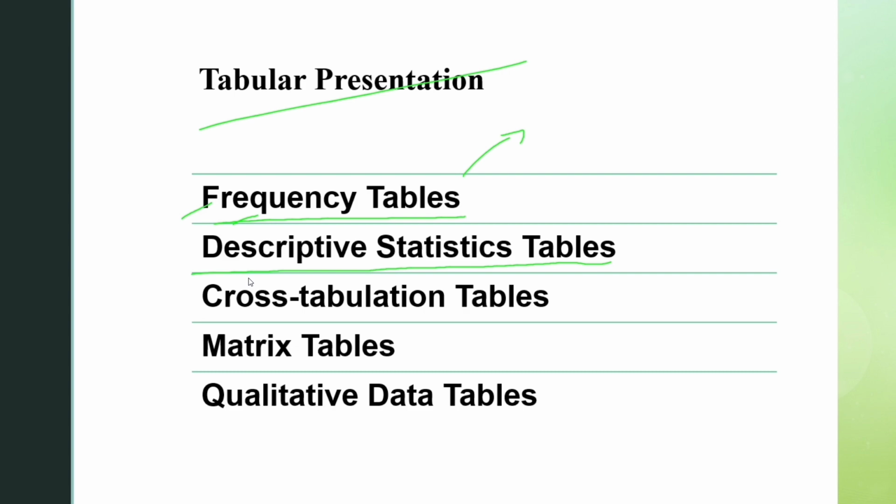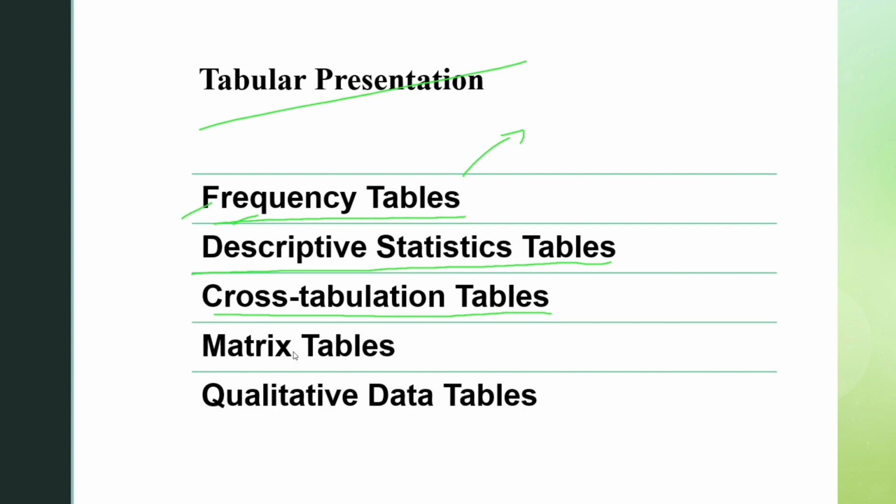Next, descriptive statistics tables. So they will present a summary of statistics, a measure of central tendency like mean, mode or median, and they will measure variability, range or standard deviation for a continuous variable, and they are useful for providing a comprehensive summary of numerical data.